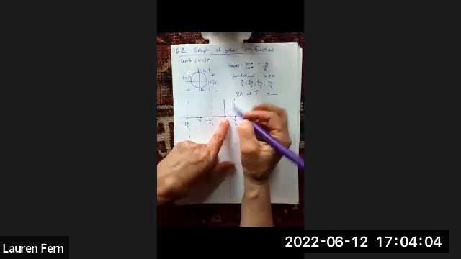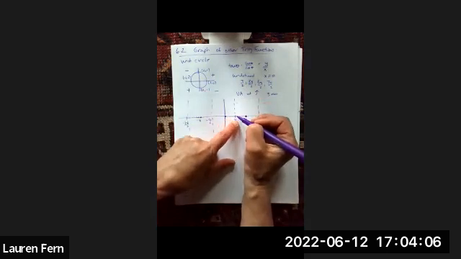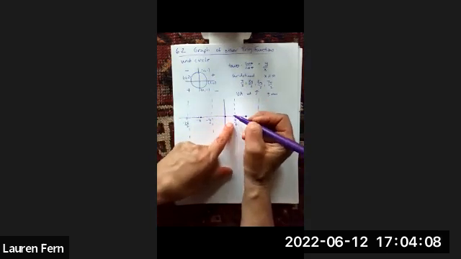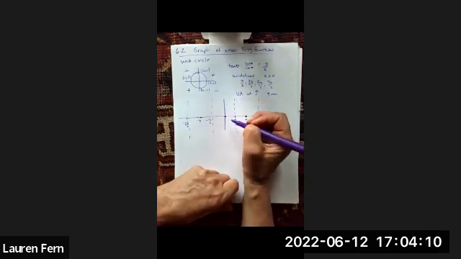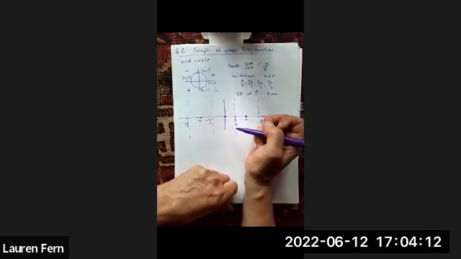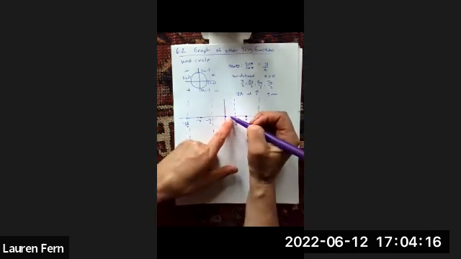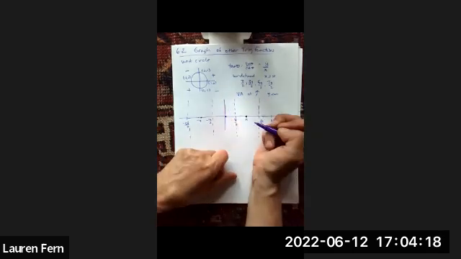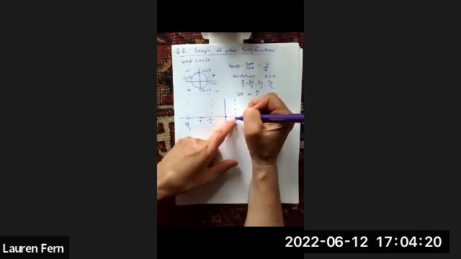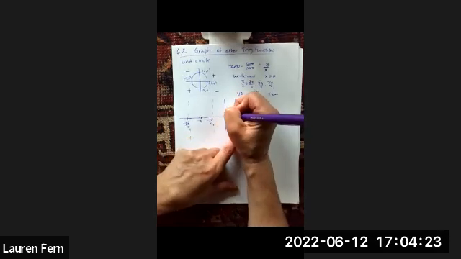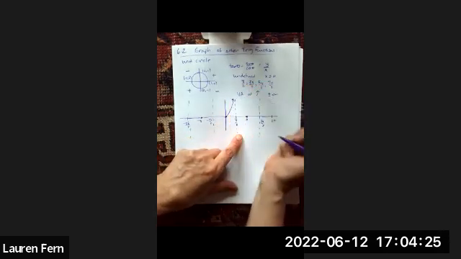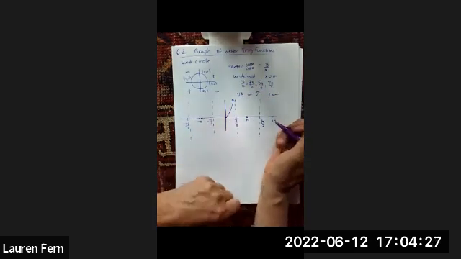So the question is, as I approach each of my vertical asymptotes, is my function going to shoot up to positive infinity or shoot down to negative infinity? Well, I know that, for example, the tangent of pi over 4 is 1. And since we don't have any other intercepts here, this is going to shoot up to positive infinity.